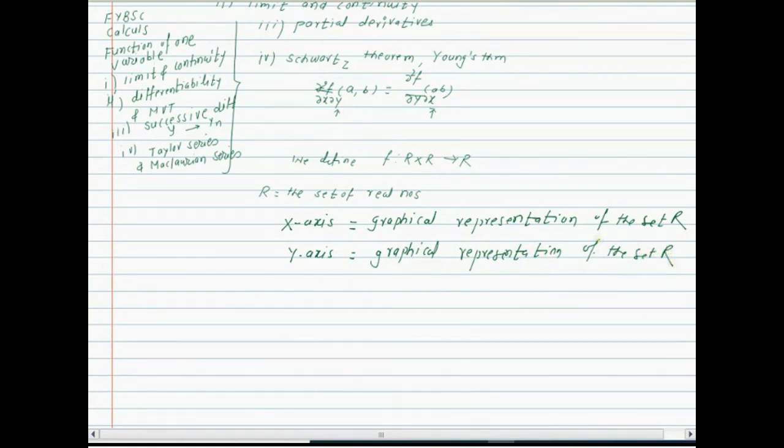So whatever numbers we have just seen are all there on the x-axis as well as on the y-axis.